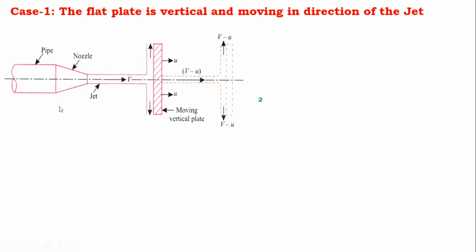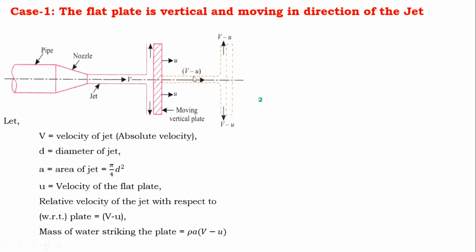In this case, the jet does not strike the plate with a velocity V, but it strikes with a relative velocity, which is equal to the absolute velocity of jet of water minus the velocity of the plate. Hence, the relative velocity of jet with respect to the plate is V minus U.